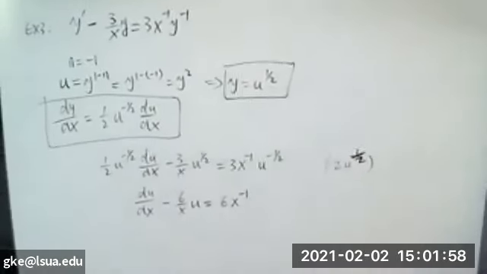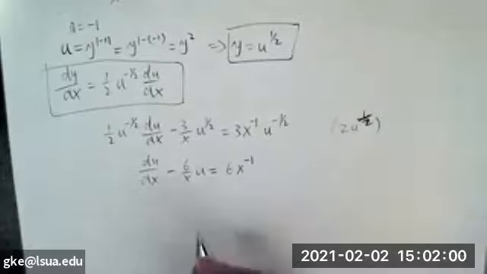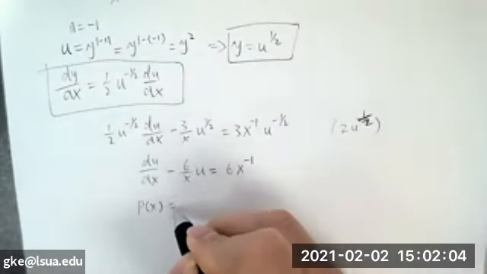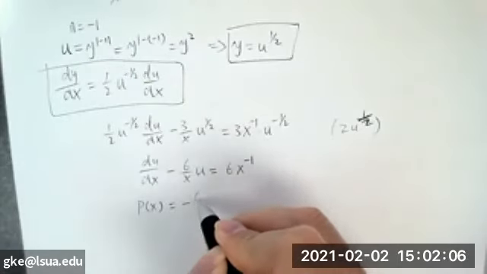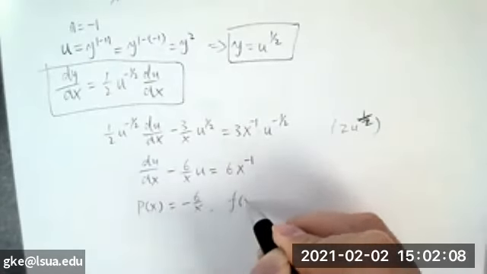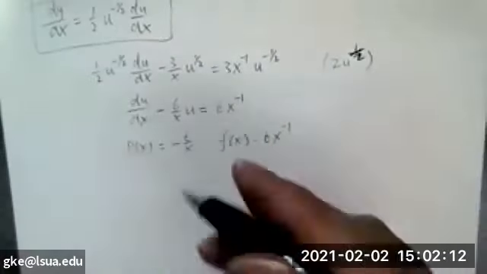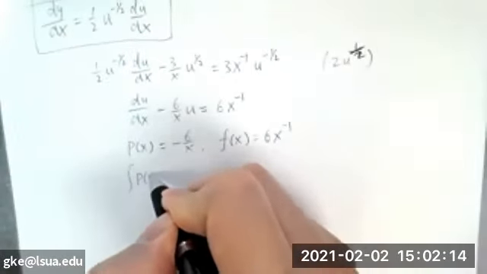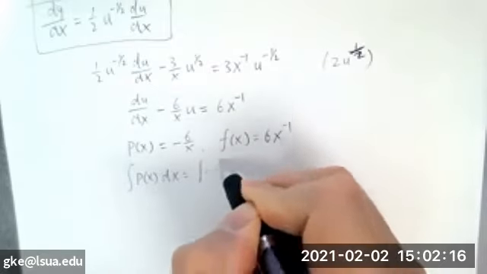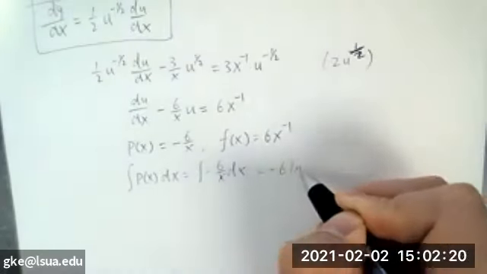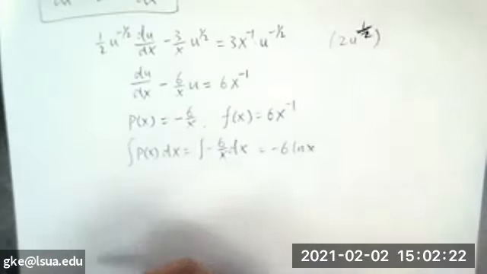Okay. Now we can see the px is negative and the fx, right? And we can follow the formula. Right?